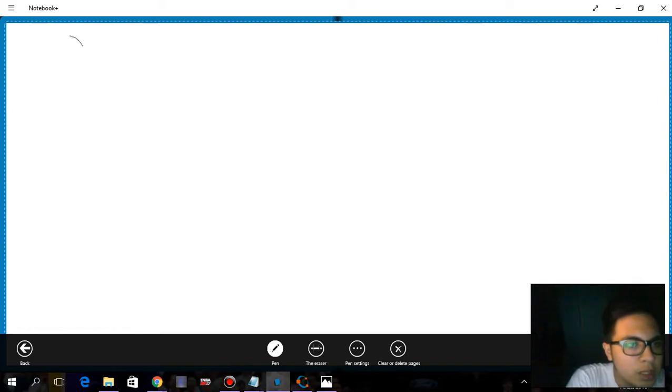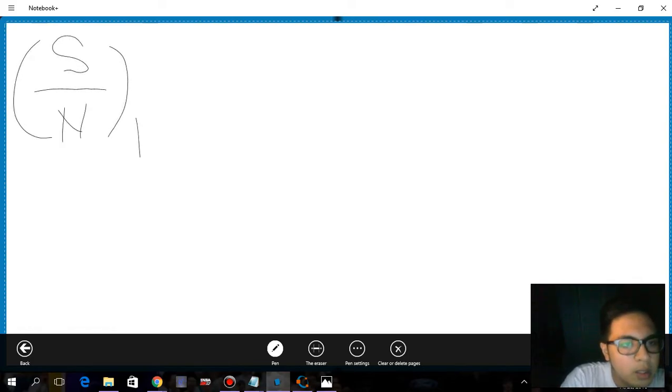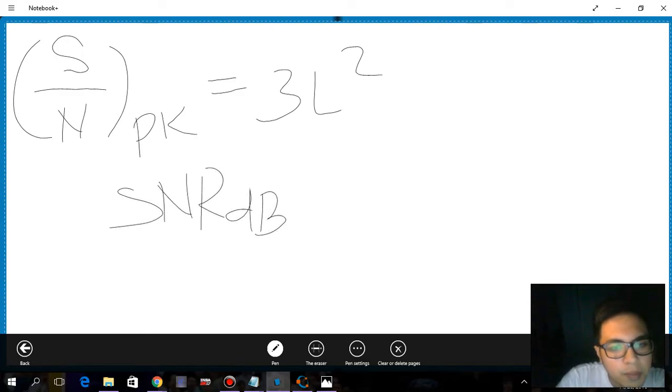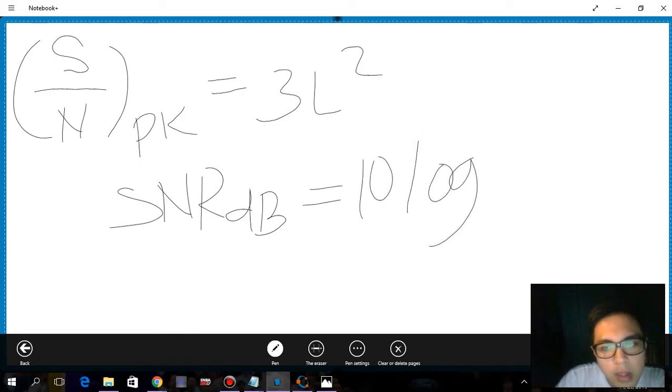We know that the peak SNR due to quantization error is 3L squared. And we also know that SNR in dB is equal to 10 log of the SNR.